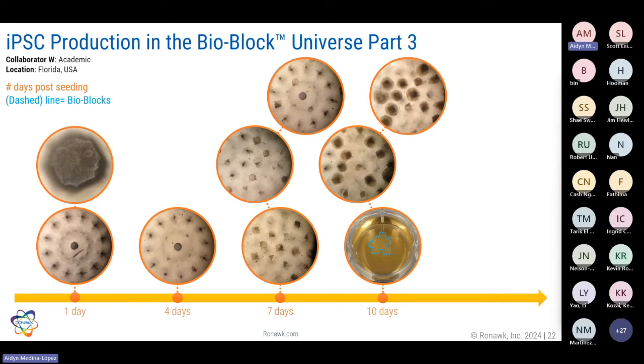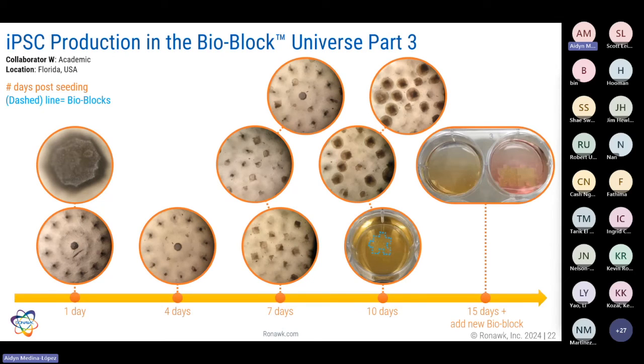And by day 10, they're even visible by the naked eye, without the need of a microscope. At this point, those aggregates started to get expelled from the bioblock, and you can see them here by day 15, where they are floating around the well that was seeded with the block, with the cells in.